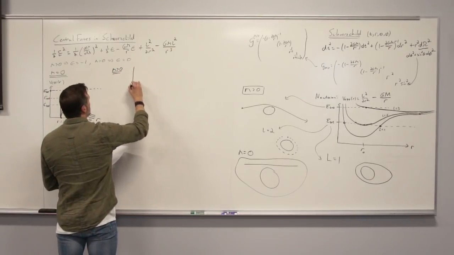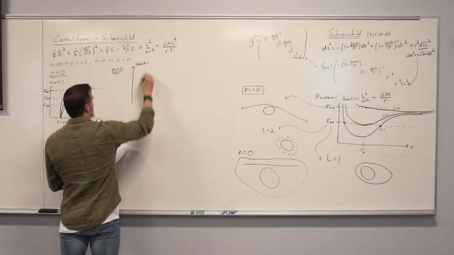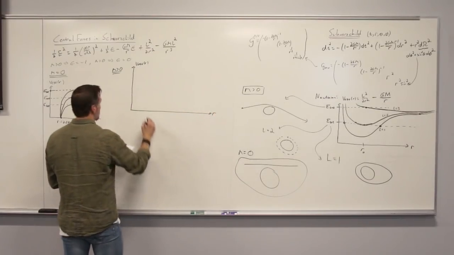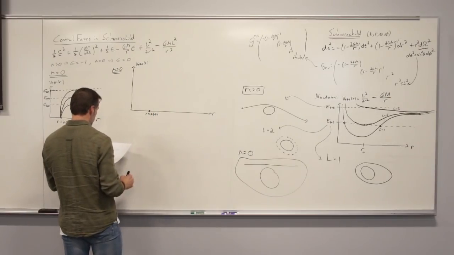If I plot the effective potential as a function of position, then we again find something interesting happening at 2GM.